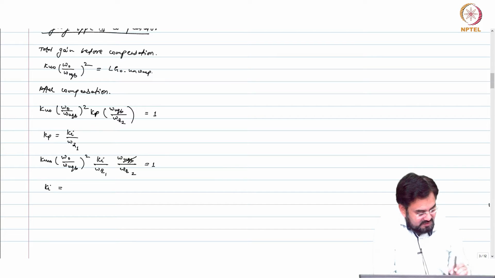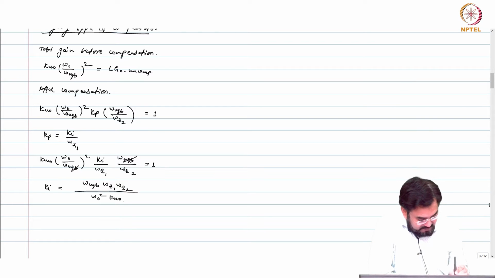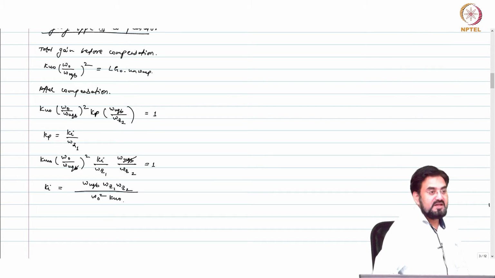One of these will cancel out, and you will get Ki equal to omega UGB omega Z1 omega Z2 divided by KU0. Correct?